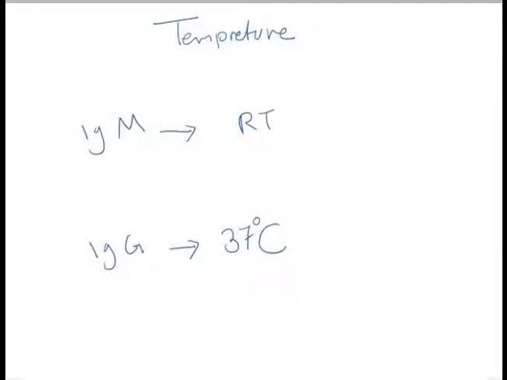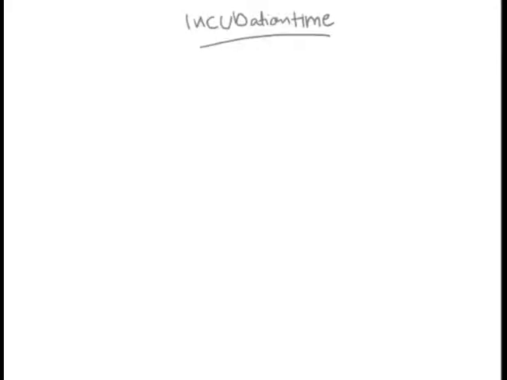So we don't expect IgG to work at room temperature, so it will not bind to the corresponding antigen without providing the optimal temperature. Let us now move to the other factor, the incubation time.